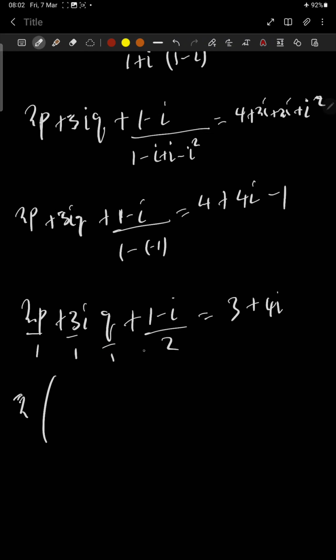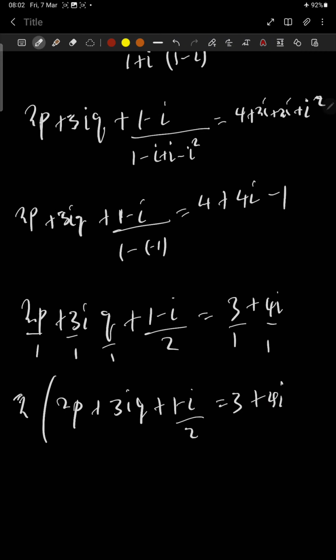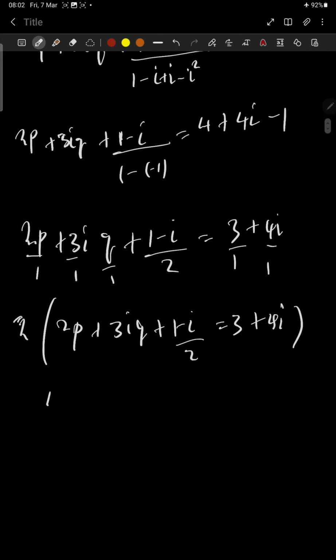The common denominator is 2, so I'll multiply everything by the common denominator. Okay, so 2 times that is 4P plus 6IQ, right, plus the 2 cancel, I remain with 1 minus I, equal to 6 plus 8I.